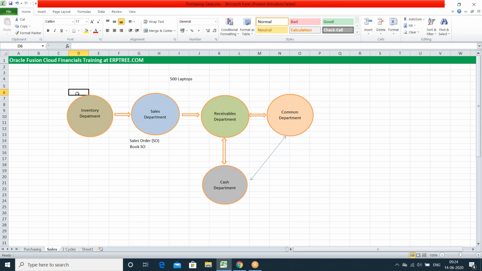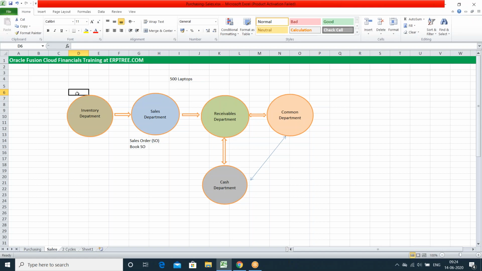They can talk to the inventory department: we have to ship within 10 days, is there any possibility we can get the material and supply? In that case, the inventory department will talk to the purchasing department saying that we need so and so item and we have to supply it to the customer within 10 days.